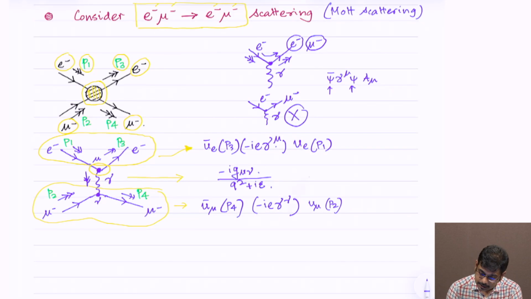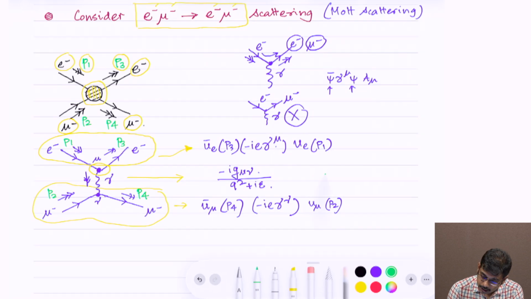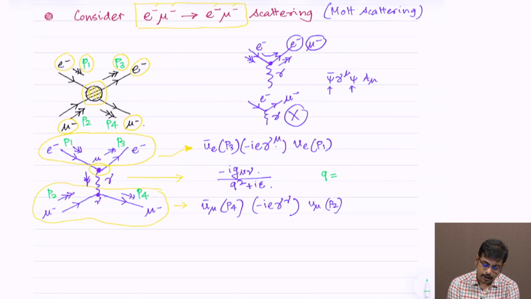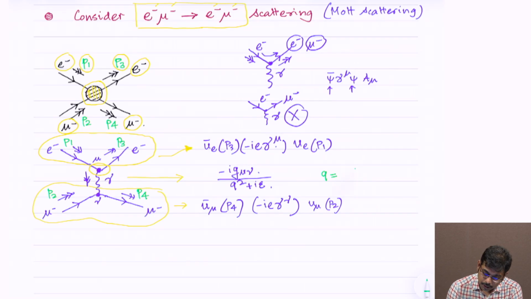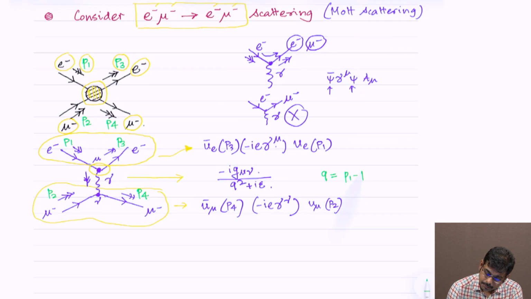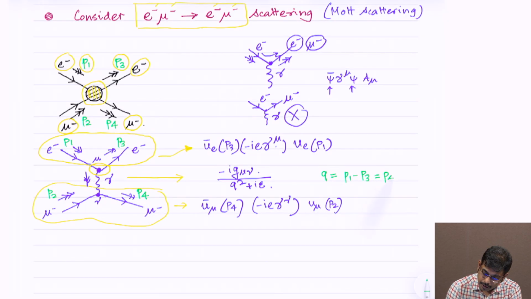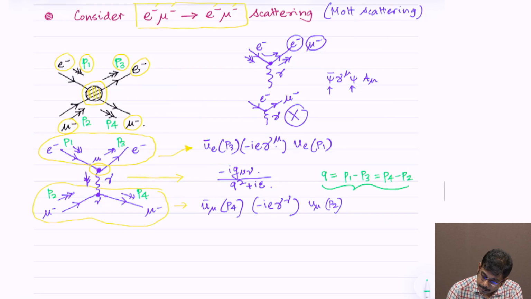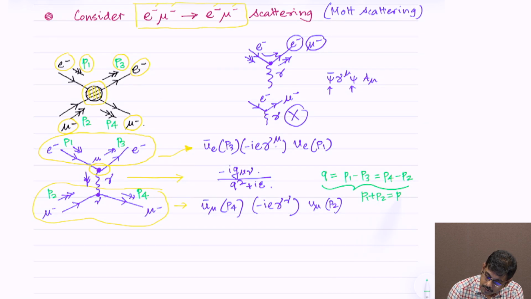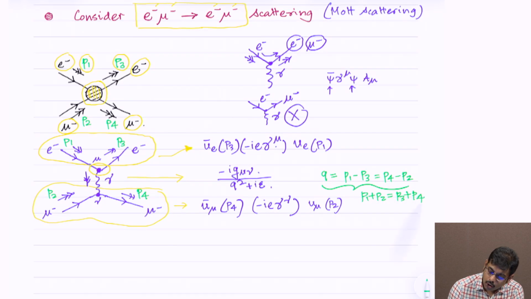And what is this q in this particular case? q is p1 minus p3, or you can also write p2 plus q is equal to p4, so this will be p4 minus p2. This conserves the momentum also, because from here you can see that p1 plus p2 has to be equal to p3 plus p4. These are all four-momentum notation that we are writing.